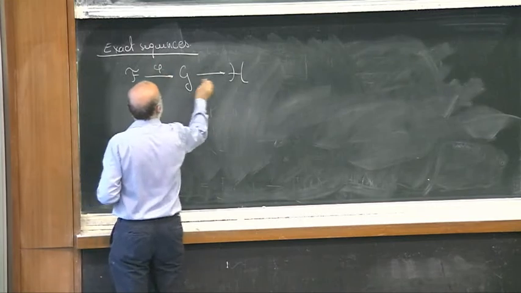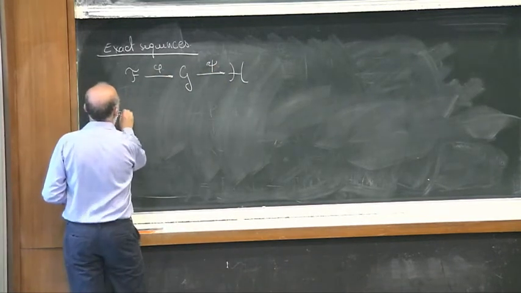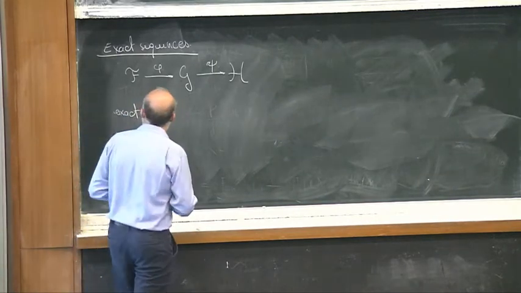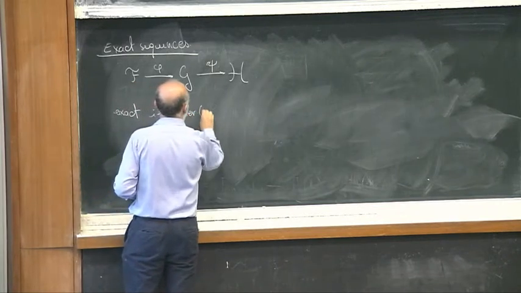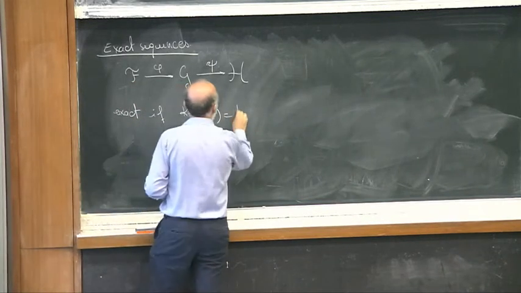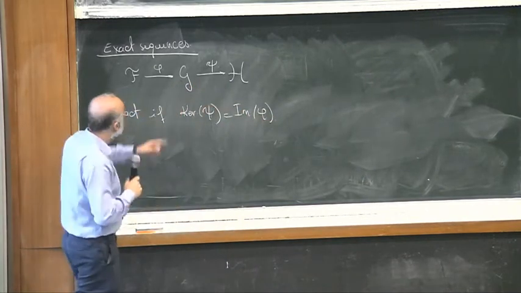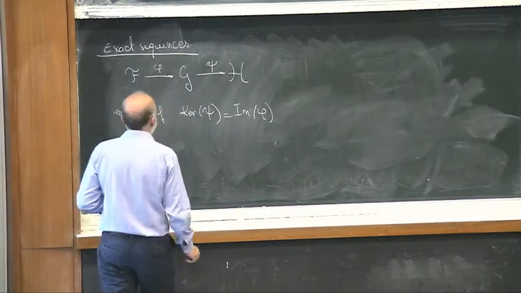Let's call them phi and psi. Of course, it's exact, at least exact here, if the kernel of psi is equal to the image of phi. Here, the image is in the sheaf sense as before.